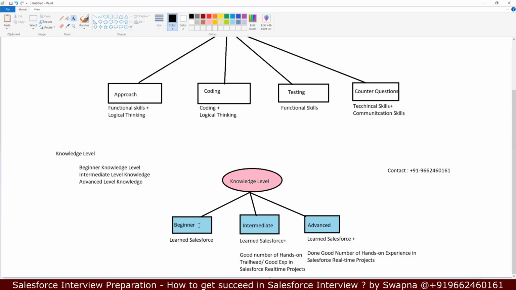But coming to the advanced, they think about everything. Which way is the best way? I have multiple options, but which should I go with?